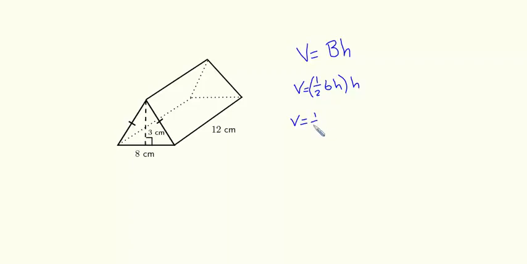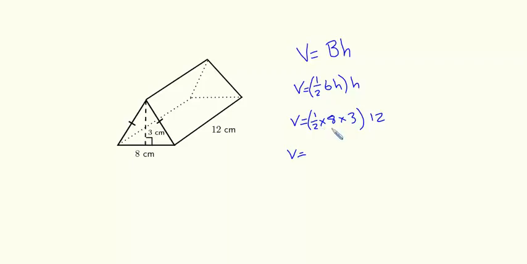So 1/2 times the base of my triangle, which is 8 centimeters, times the height of my triangle, which is 3 centimeters. And then we're going to multiply this area of the triangle by the height of the prism, which is 12 centimeters. All right, so we'll just take it step by step.